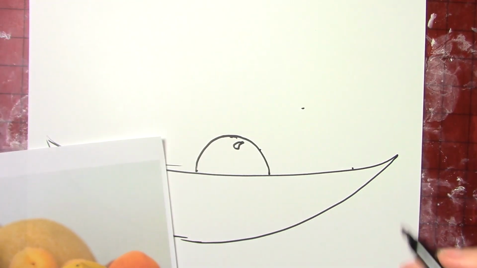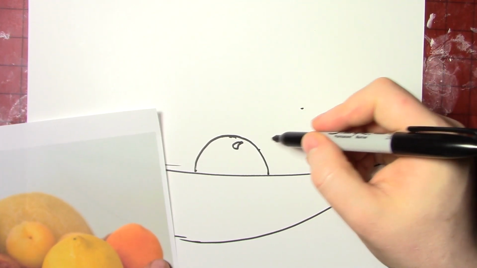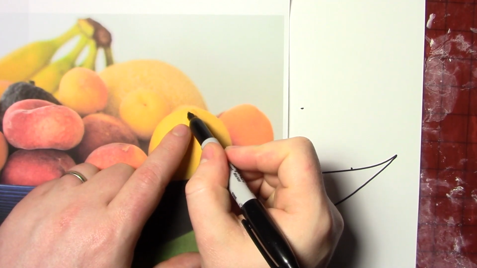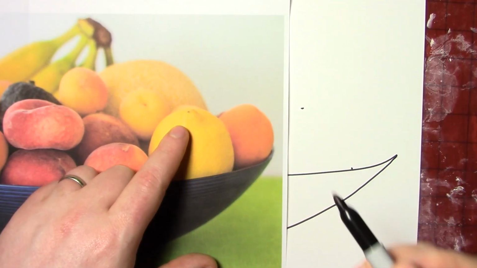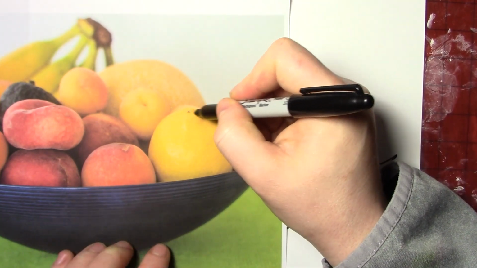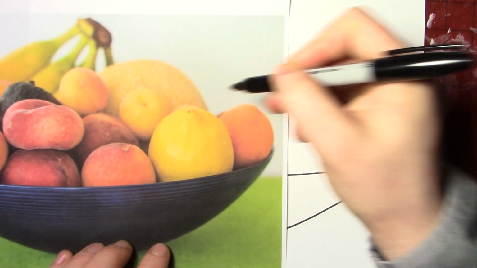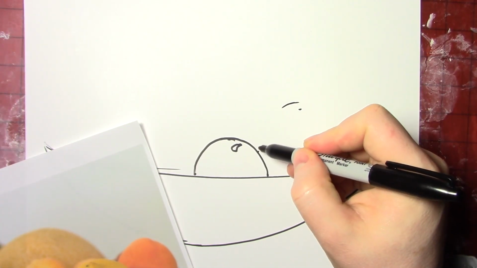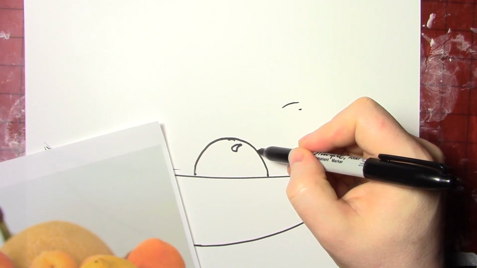Good. And now with the lemon, I actually measured to the sort of point. It might be hard to see on the camera, but there's a little spot at the top. I should have measured to the top, so I'm going to go a little bit higher than that. I'm going to go over that as I draw this lemon.